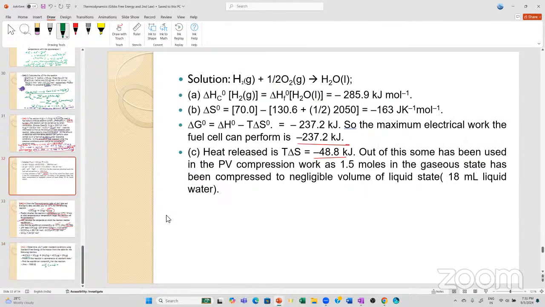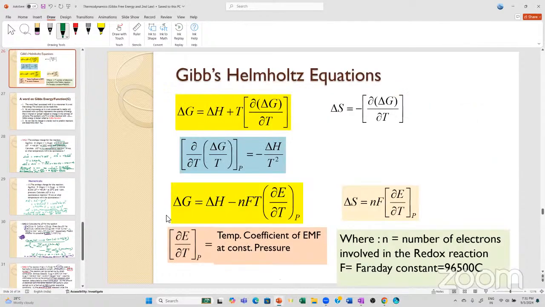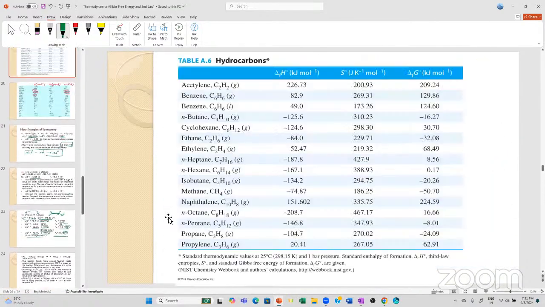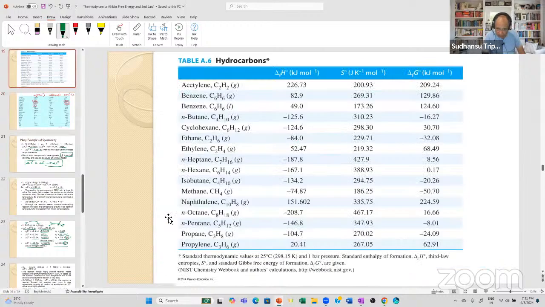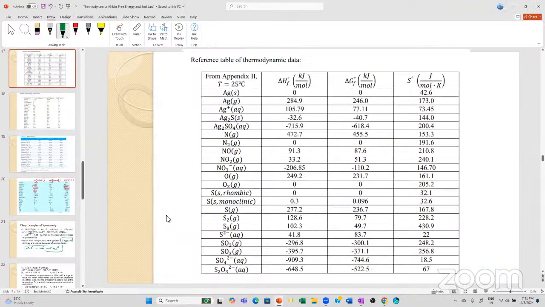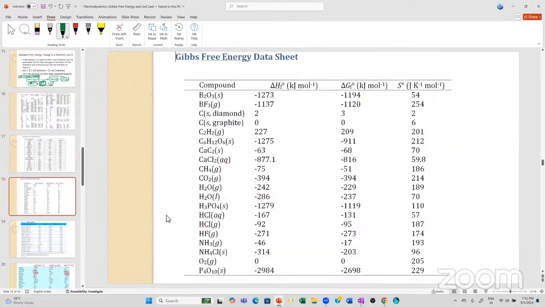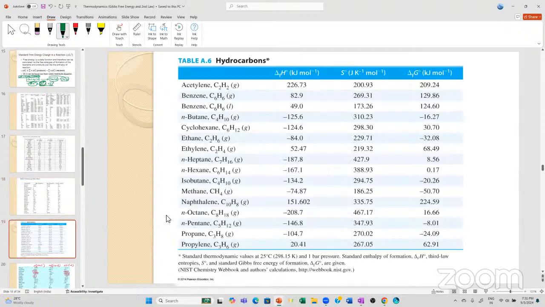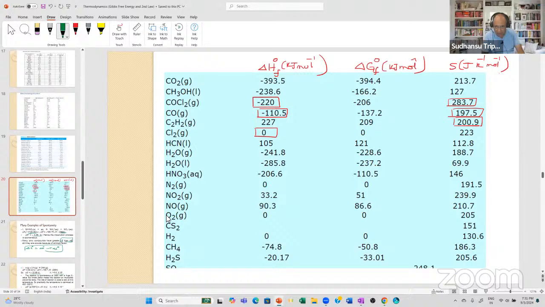Sir, the blue one. HCN it is given 105 in some other table. I have taken N2 from that. From 105.